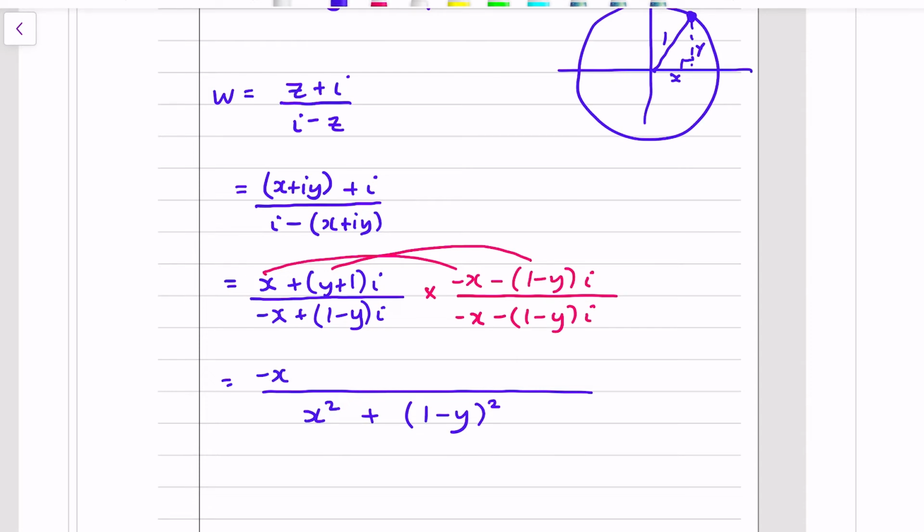So minus x squared, I do these ones first. y plus 1 times 1 minus y, the i squared bit's minus 1, there's another negative, so plus (y plus 1)(1 minus y), they're the real parts, and then plus i, we've got two imaginary parts that come from the other two multiplications. x times minus 1 minus y, oopsies, got my negative in the wrong place there.